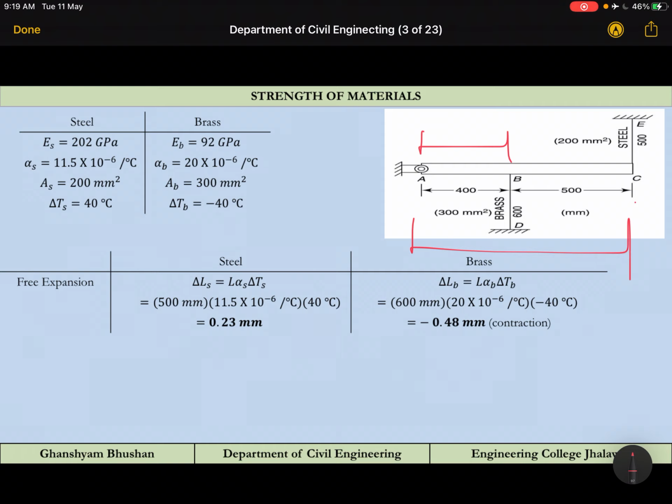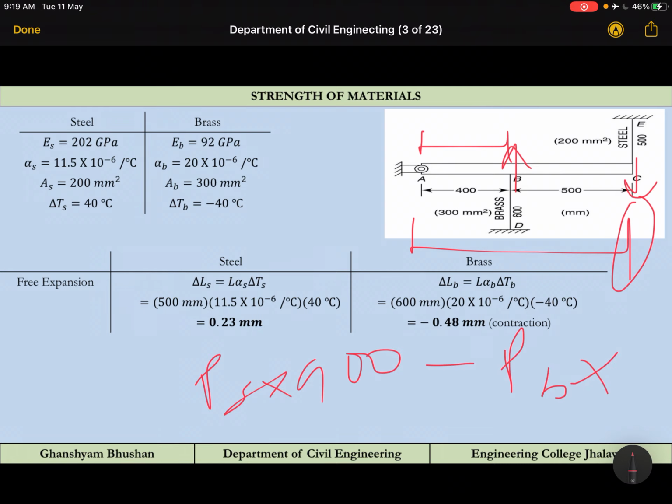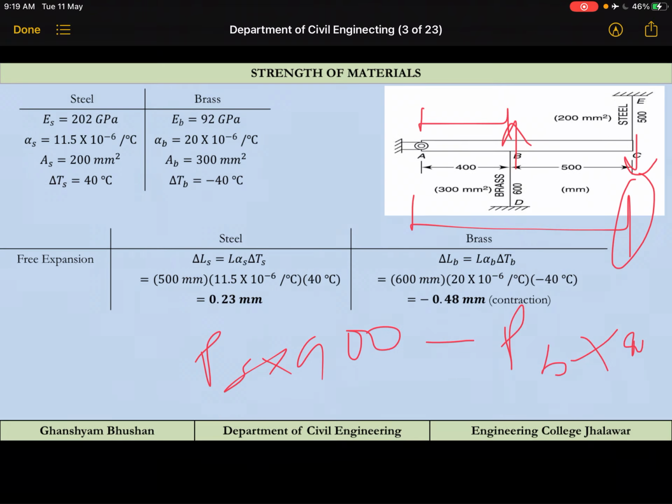So PS will be multiplied by 900 and PB by 400, and one more thing, the direction is opposite. So PS into 900 minus PB into 400 will be equal to 0.